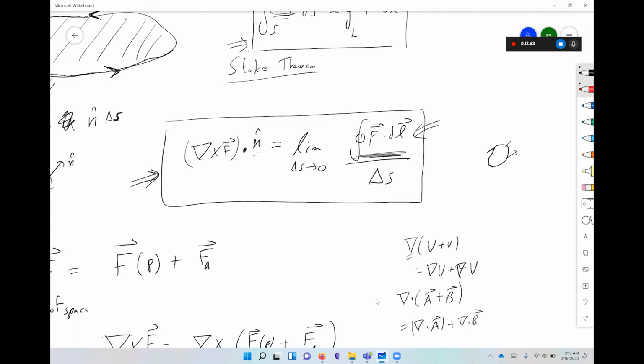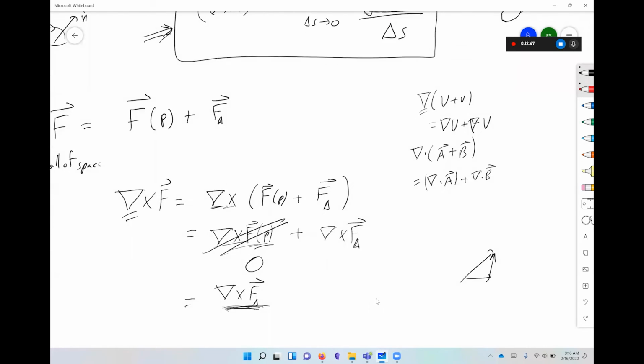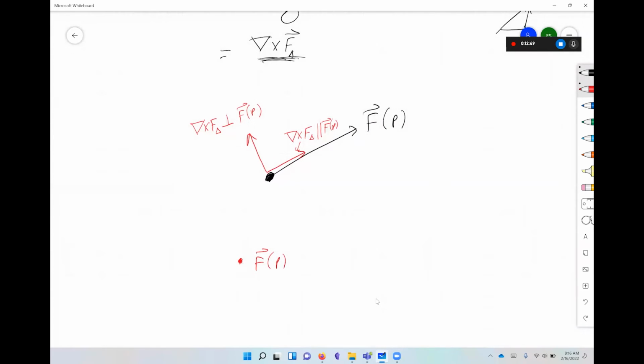It's a circulation around the field, so it's going to be something like this. This is what the component of the curl on that plane looks like. This is going to give me a circulation, the infinitesimal changes in the field around point P.